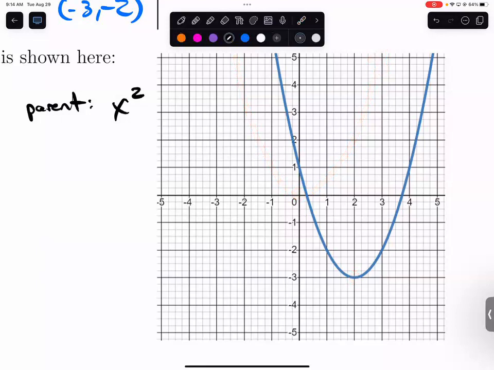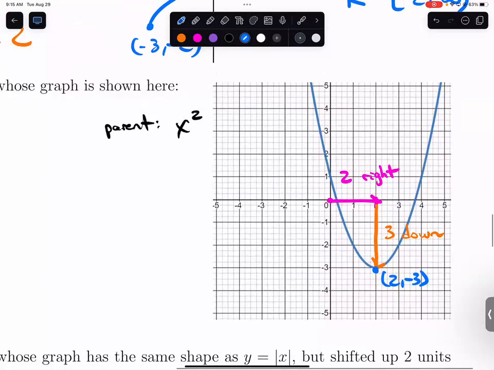So that's 2 this way to the right and then 3 down, right, to end up at 2, -3. So how do I take a square function and force it to go right 2 and down 3? -2 where?